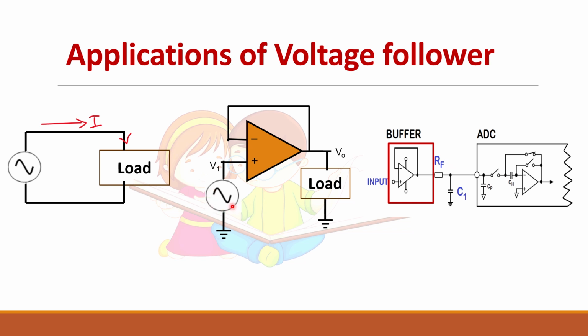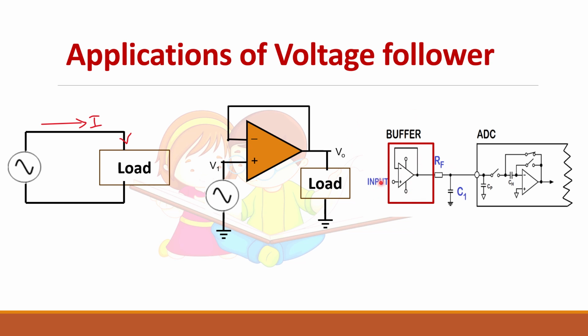Where can you use the voltage follower circuit? Suppose you have a sensor and you want to measure a temperature or a current or a voltage. The output of the sensor will be in millivolts. In such circuits, you cannot draw more current from the source itself because you want the output of the sensor information without any distortion and you want to process it. The sensor signal itself is very weak. So in that case, you can connect a buffer.